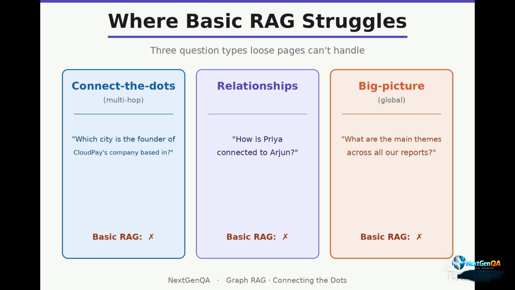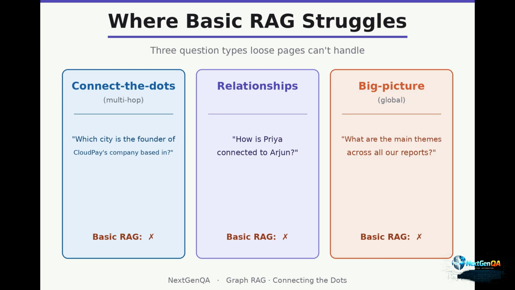Three questions Basic RAG struggles with. There are three flavors of questions where loose pages let you down. One, connect the dots questions, also called multi-hop. Which city is the founder of CloudPay's company based in? To answer this, you must hop.